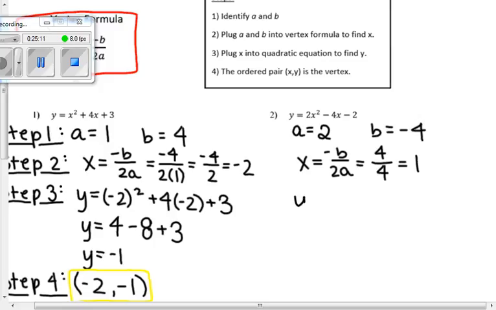Now for my y value. Y equals 2 times x, so I get to fill in my 1, squared, minus 4 times x, get to fill in my 1 again, minus 2. Now be careful, okay? When you are doing this, we are going by order of operations. Order of operations says you start with parentheses.